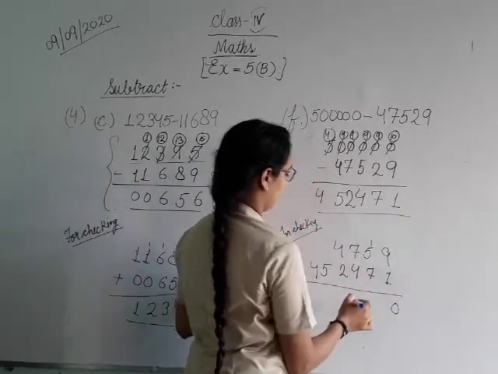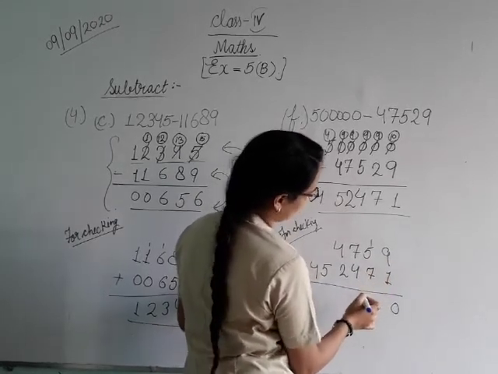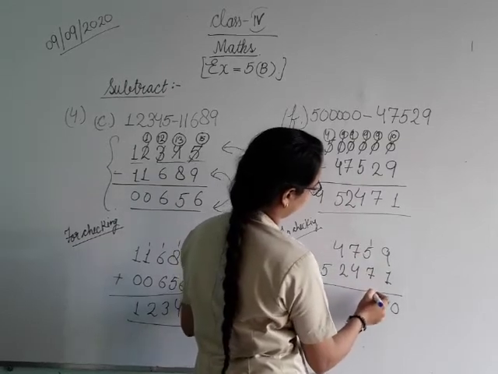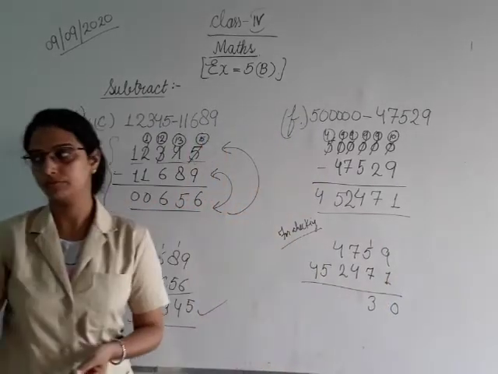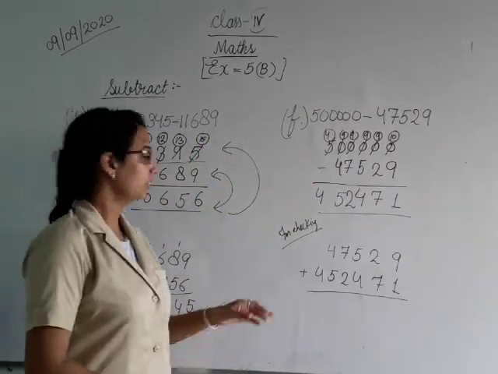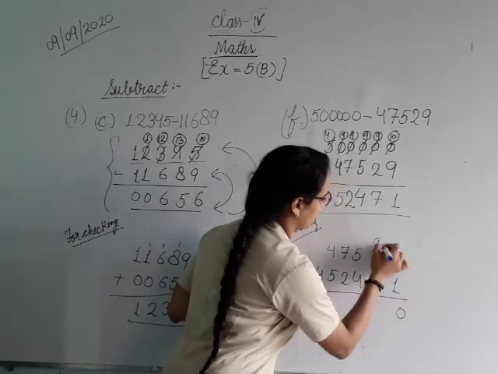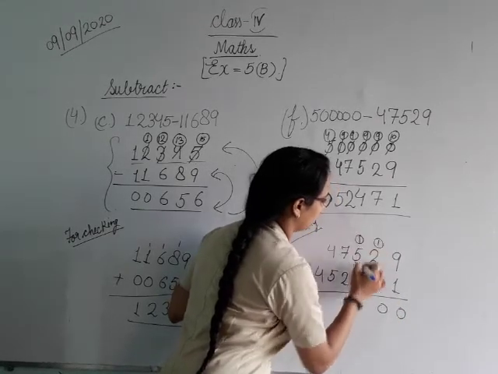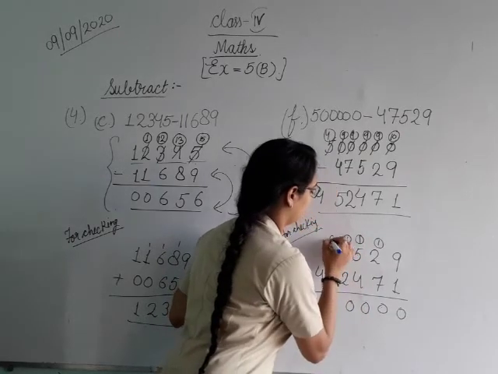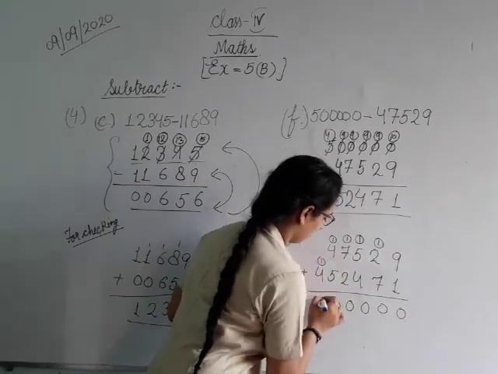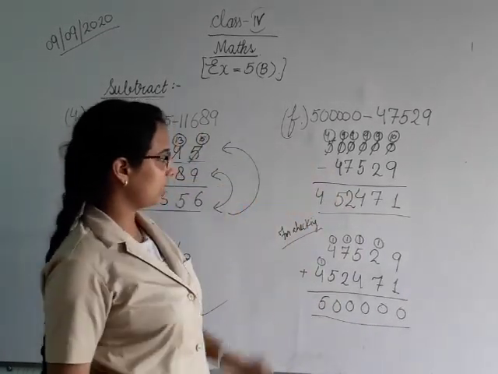Then we do the addition for checking. 9 plus 1, 10. Here will also be 10. 5 plus 5 is 10. 7 plus 1, 8 plus 2, 10. Then 5 plus 5 is also 10. And here finally 5 lakh. That's what we want. So that means our answer is correct.